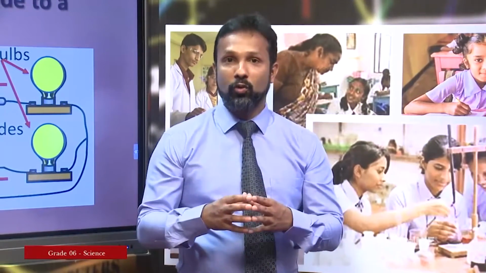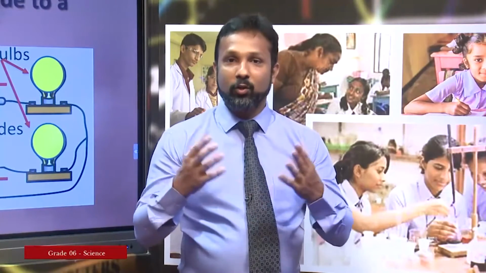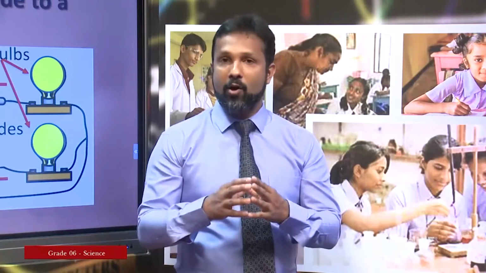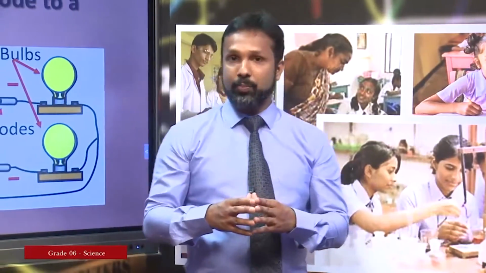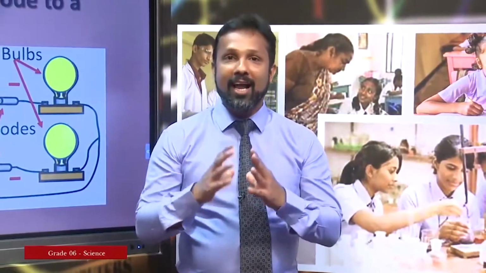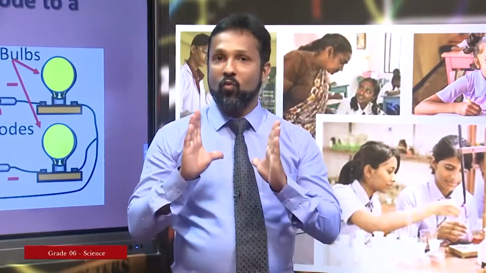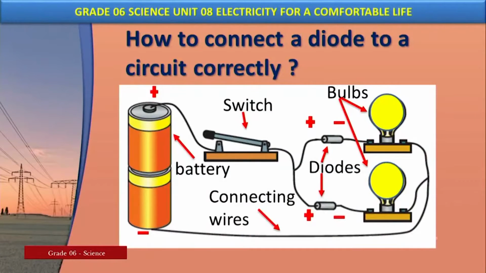Today you studied how to connect a diode to a circuit and what is the specialty in a diode. If I ask this question again, what is the special function in a diode? A diode allows the electricity to flow only in one direction, that is from the positive terminal to the negative terminal.